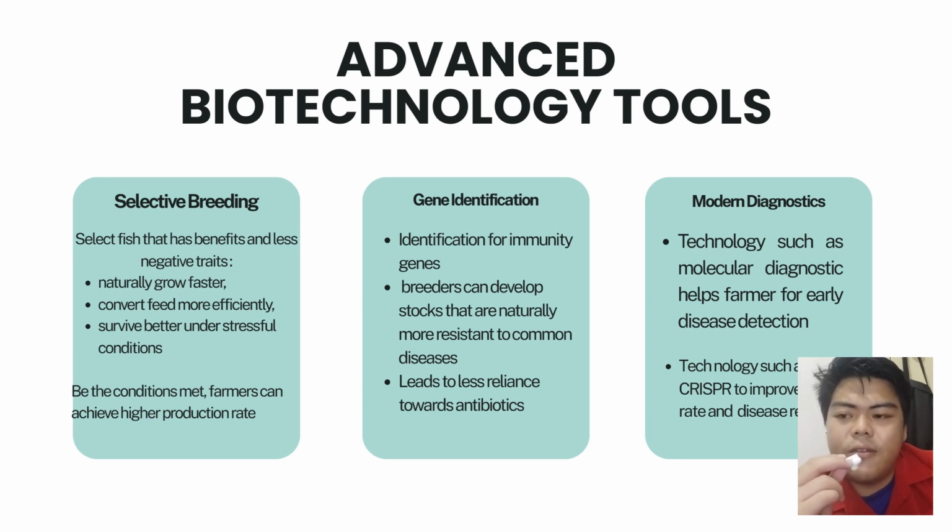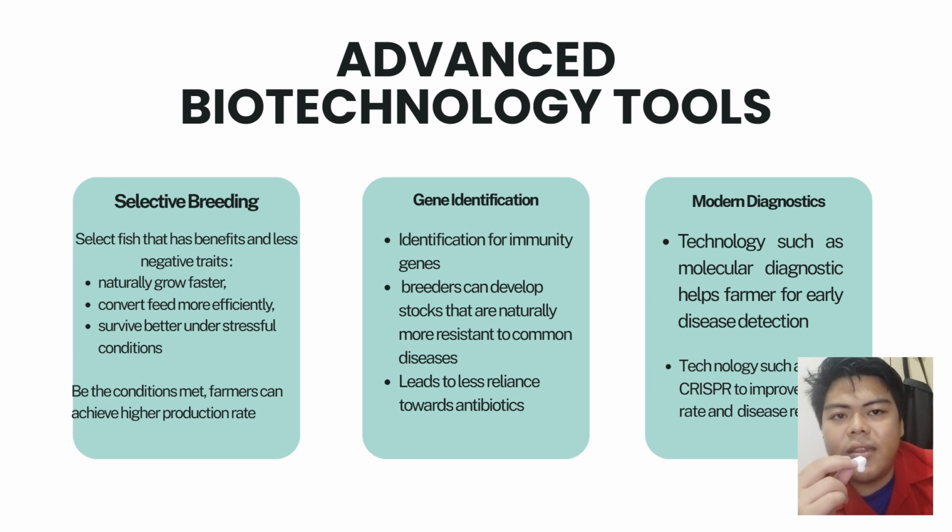More advanced tools in biotechnology, such as the CRISPR method and AI methods, are being used to help with biosecurity, especially early disease management and early disease detection, even before the symptoms appear.